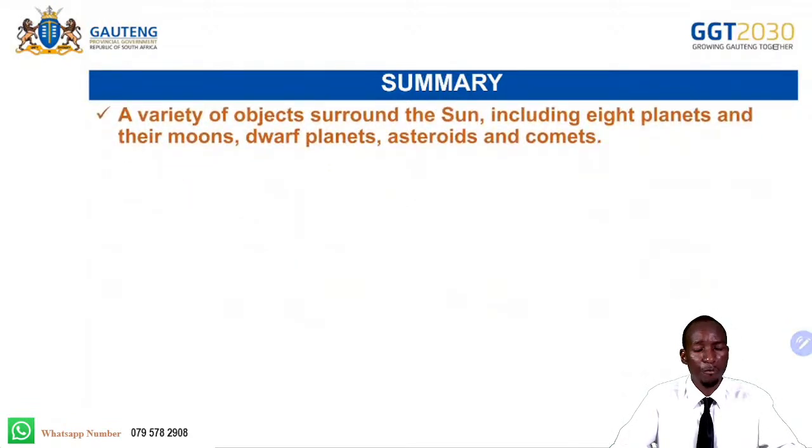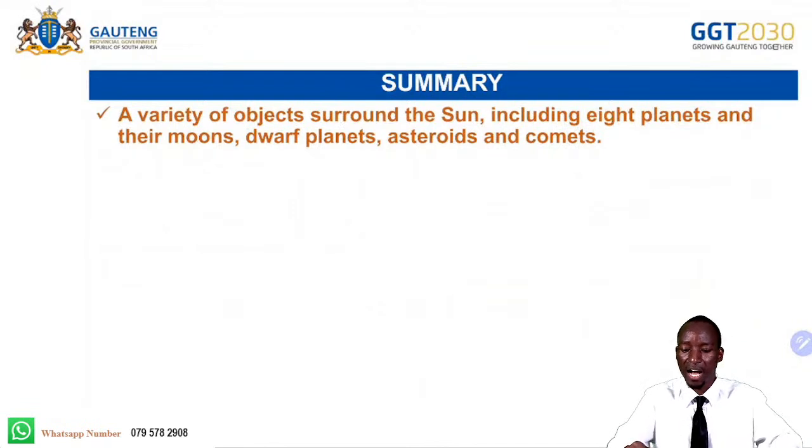A variety of objects surround the sun, including 8 planets and their moons, dwarf planets, asteroids, and comets. Remember, we spoke about those 8 planets. I'm sure by now we're all able to list them from closest to the furthest. And also, we've got the moons and the dwarf planets, asteroids, and comets.